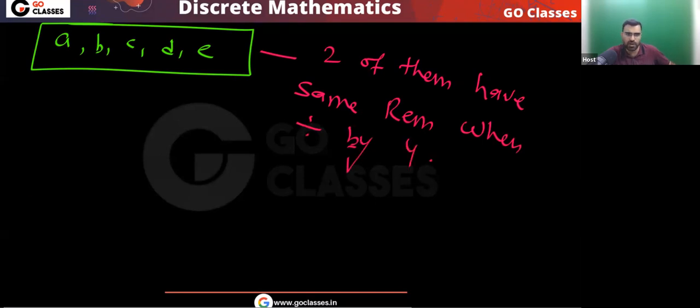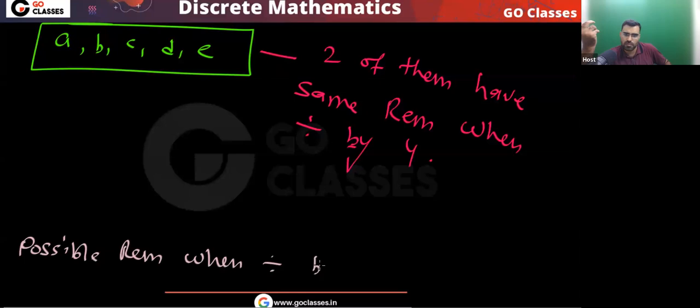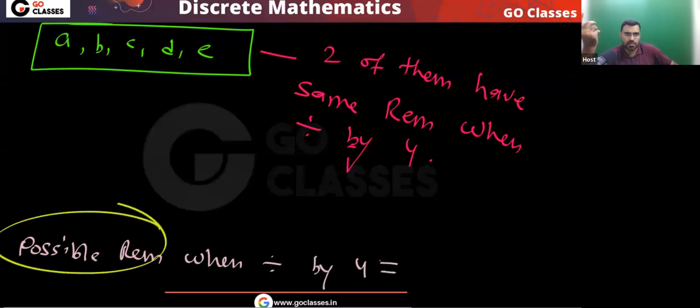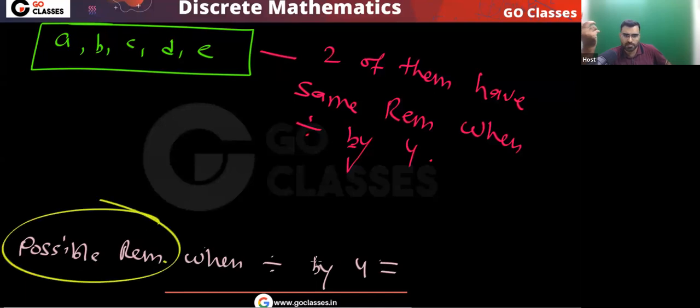And this is obvious. Why? With the pigeonhole principle, tell me what are the possible remainders when you divide by 4? The possible remainders are 0, 1, 2, 3. So the question is saying that two of them definitely have the same remainder when you divide by 4.